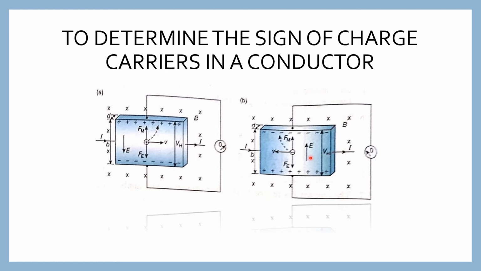The Hall voltage produced in a conductor with negative charge carriers has a negative potential at the top and a positive potential at the lower edge. So when the galvanometer is connected in the same way, the deflection is in the opposite direction. Therefore, from the polarity of the Hall voltage produced in a conductor, the sign of the charge carriers can be determined.